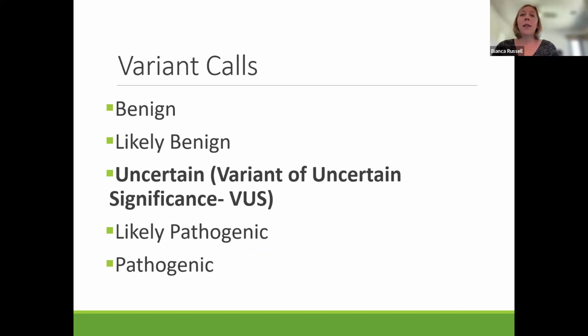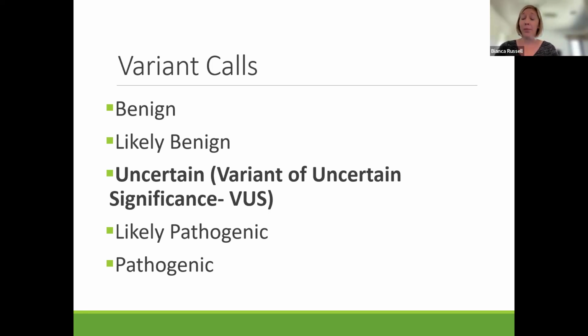So our labs use a variant call system that's listed here. This is from benign to pathogenic. And there are criteria that are specifically used to quantify each type of variant call. So if it's, for example, a variant that's been seen really commonly in the general population, the lab may call it benign. If it's likely benign, where there's maybe some information that maybe it could be disease causing, but mostly it seems benign, they'll call it likely benign.